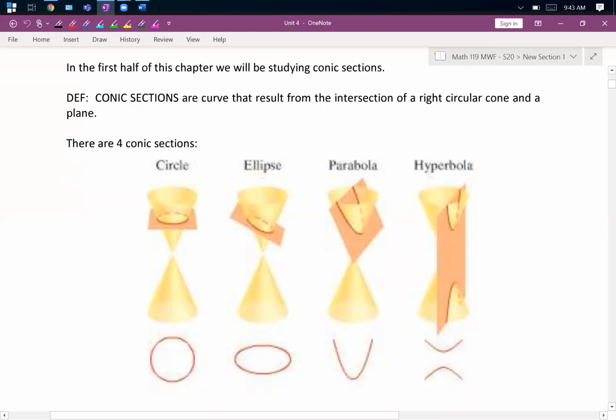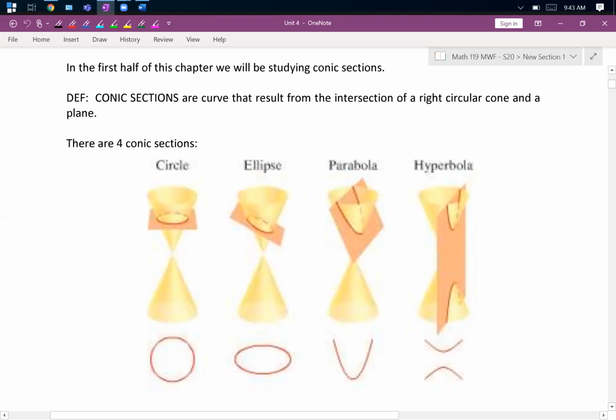An ellipse happens when the plane intersects that right circular cone at a diagonal, and so we get this oval shape. But you'll notice that both sides of the plane are totally within the cone. A parabola happens when the plane intersects that right circular cone at a diagonal, but one part of the plane goes off the base of that right circular cone.